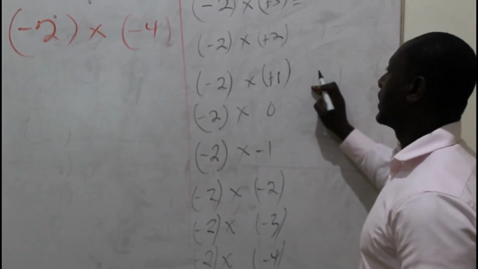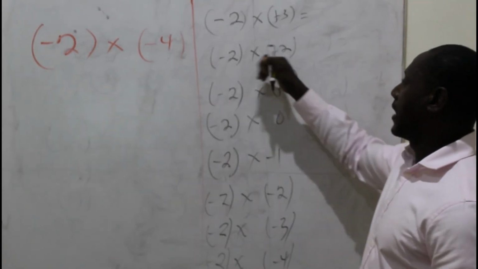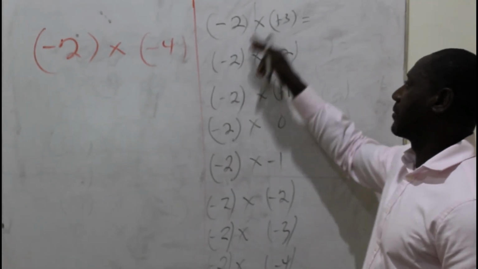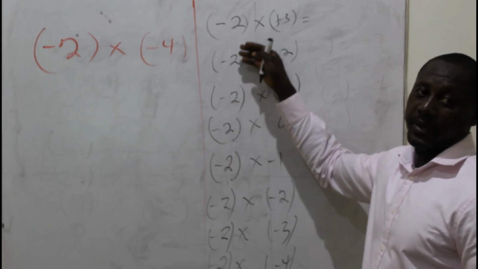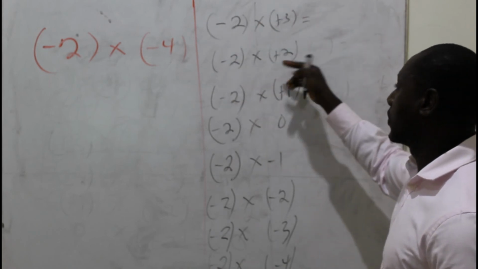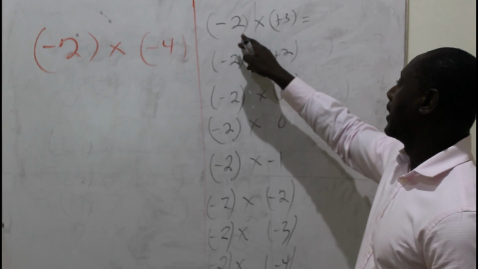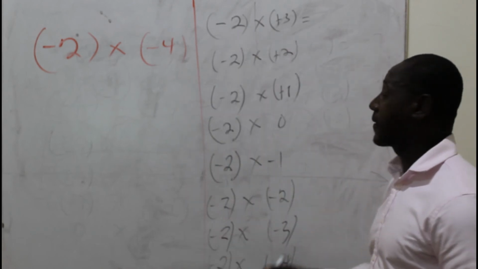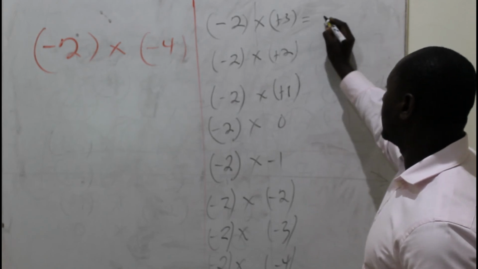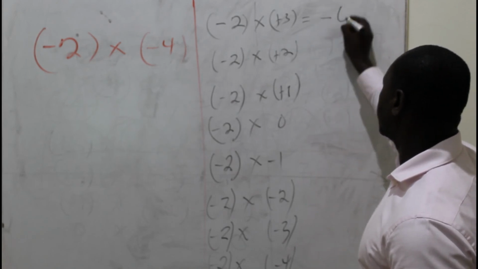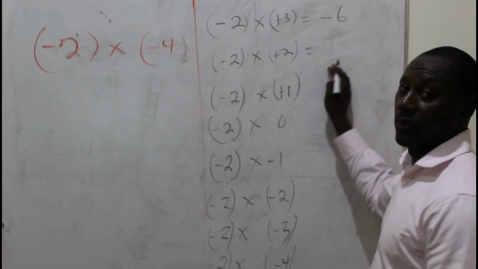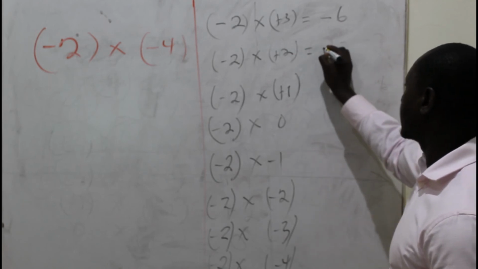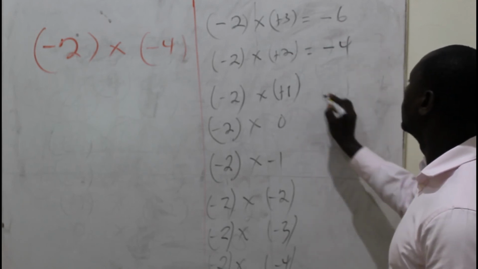Let's look at the results here. Earlier we have taught them that this one is about repeated addition or something like that. So here we are looking at forming 2's 3 times. Okay? So that is it. So here they will notice that the answer is going to give them negative 6. When we come here, they will notice that the answer is going to give them negative 4.